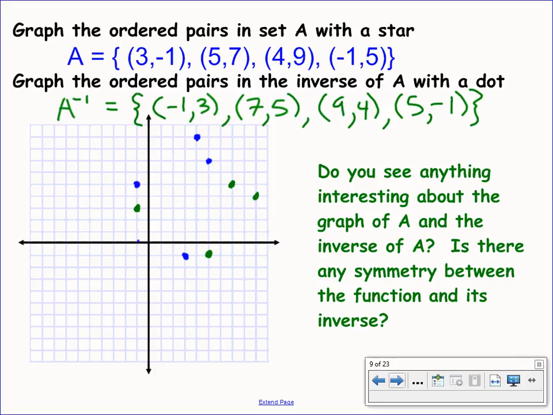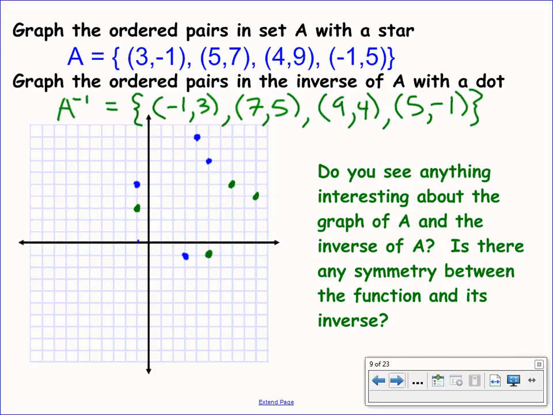As you're finishing up your graph, go ahead and take a look at mine on the front smartboard and at yours at your desk, and then quietly talk with your partner about any symmetry. How would you describe any symmetry you see between the original relation A and its inverse, A inverse in green? Go ahead and talk with your partner now, please.